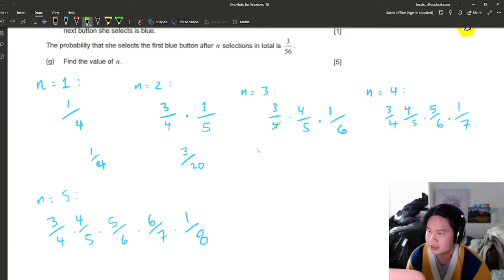Let's see, 4's cancel. So you got 3 over 30. And I don't know if there's going to be a pattern this way. I'm trying to avoid using factorials, but maybe we don't have a choice.